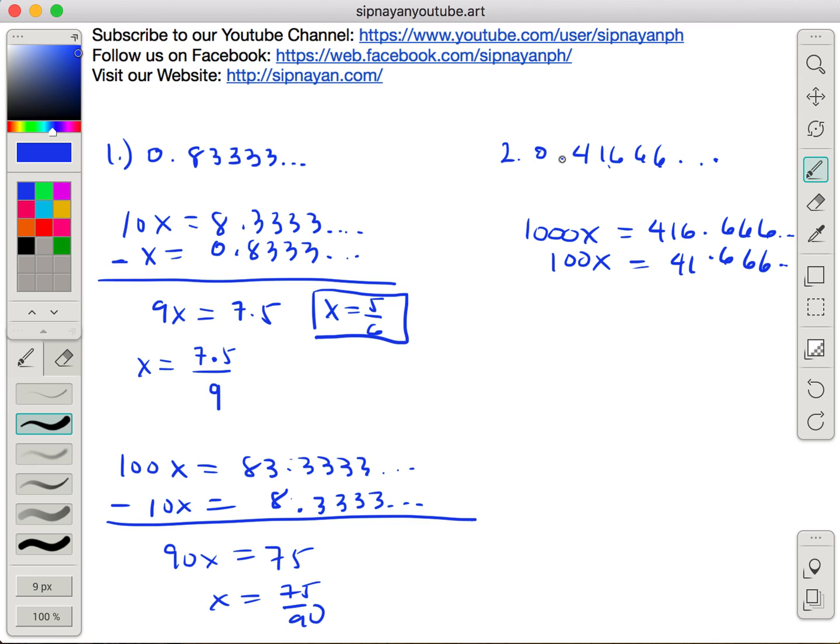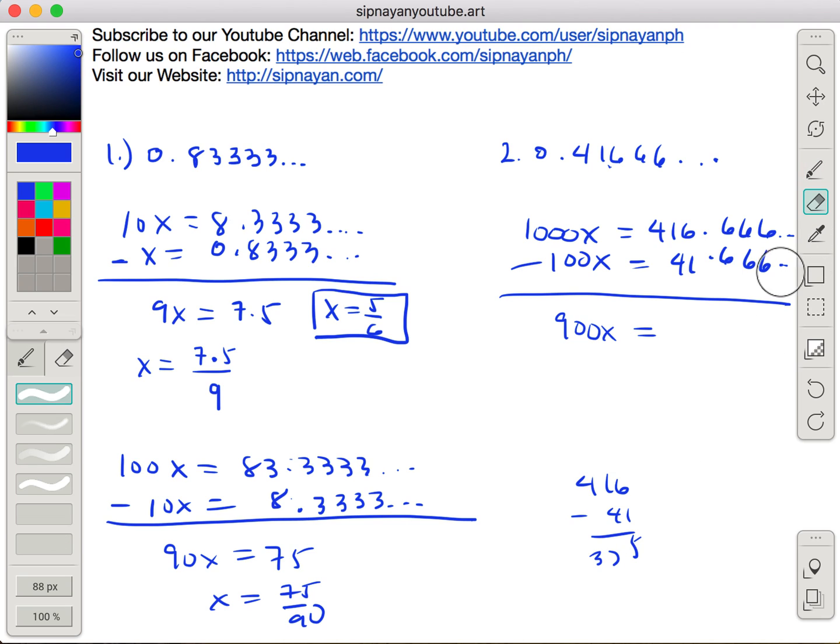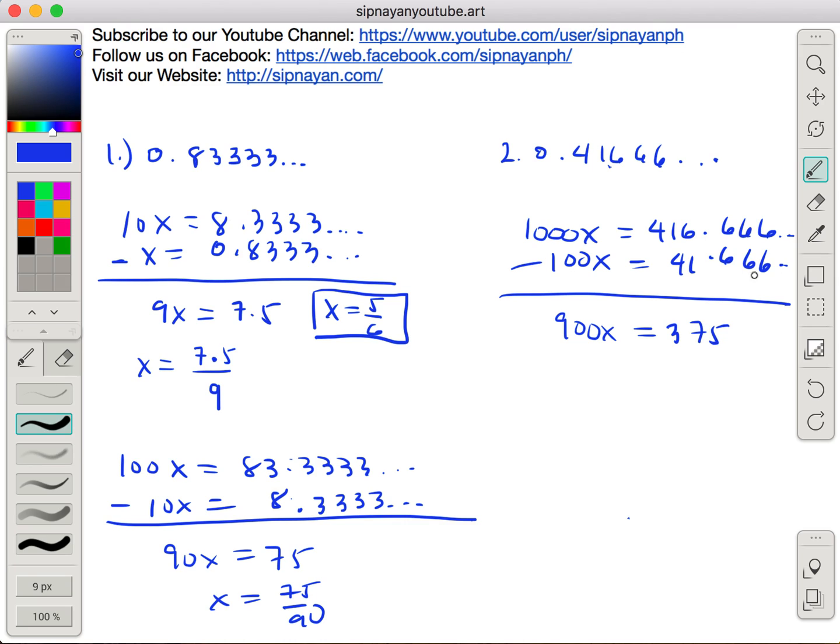Nag-times ako ng 100 para mapunta dito yung decimal point. So, if I subtract, I have 900x equals, what is 416 minus 41? That's 375. Okay, so mawawala na yung mga 6 kasi magiging 0 na yan pag nag-subtract. So, x equals 375 over 900.